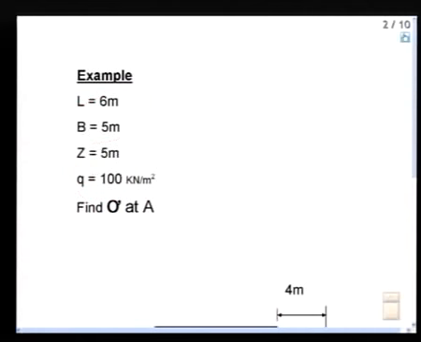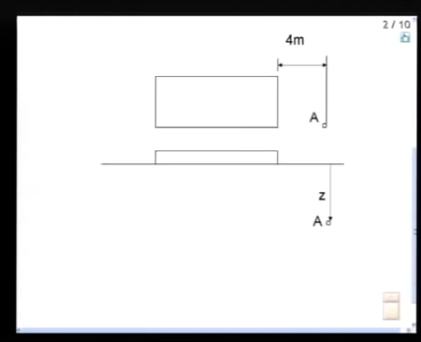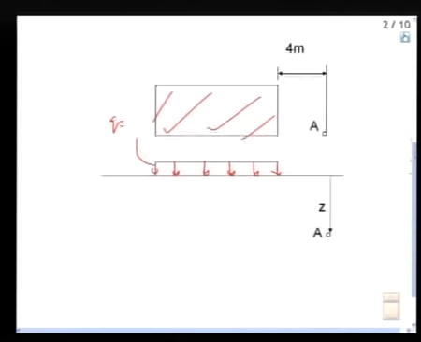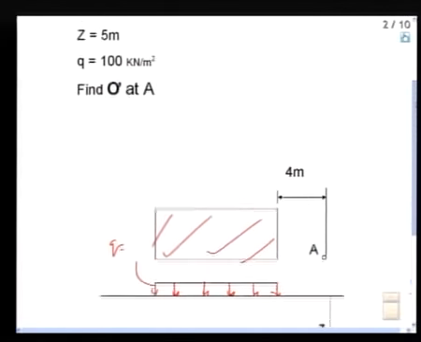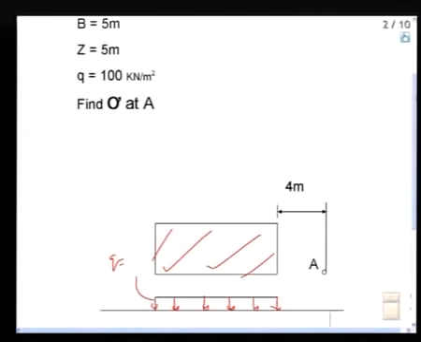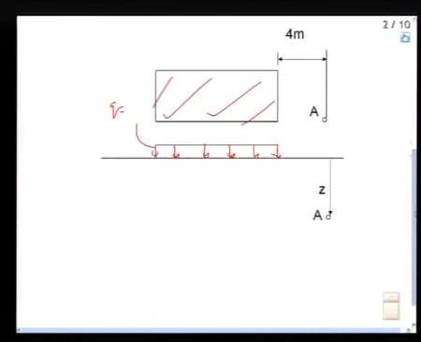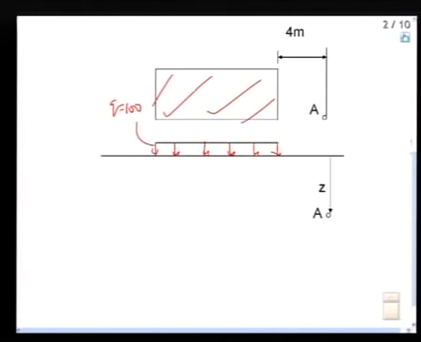Example which says that I have a rectangle load, and I have Q equals 100.